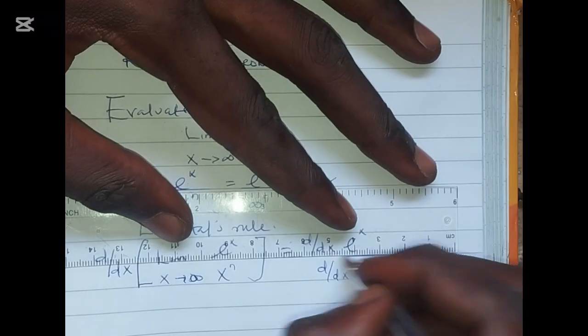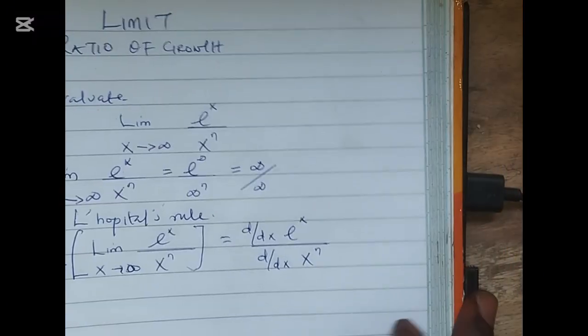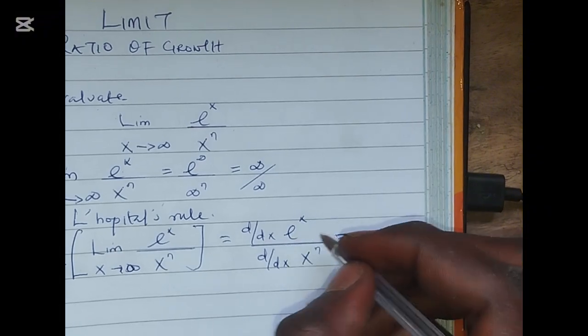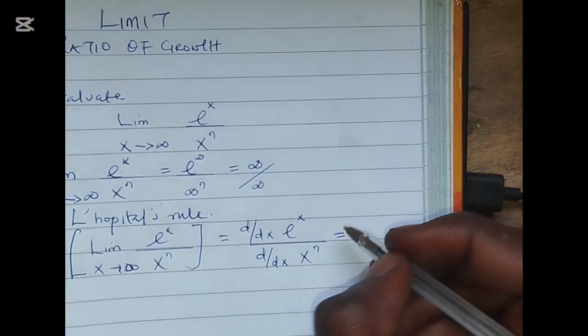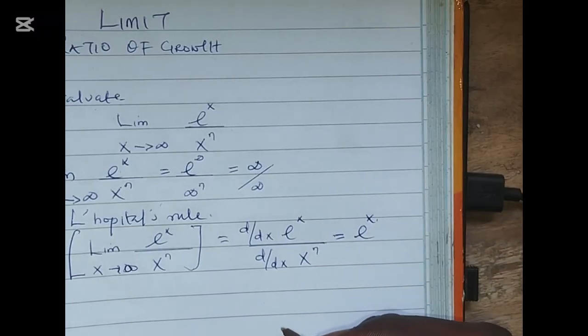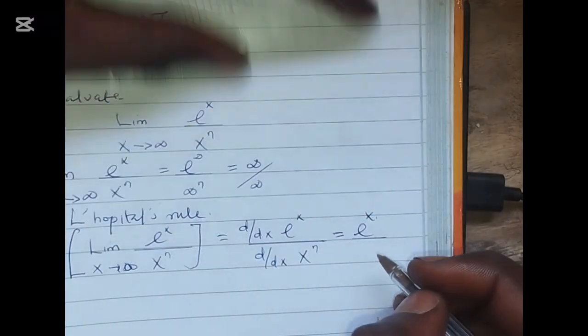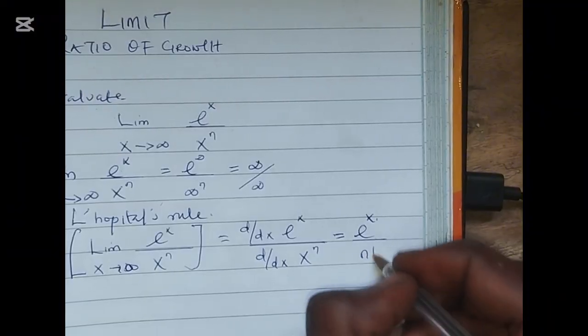After this step, just differentiate the functions independently. For e to the power of x, we know that it still remains e to the power of x after you find its derivative. It still remains the way it is, over, and when you find the derivative of x^n, you get, simply, n factorial.